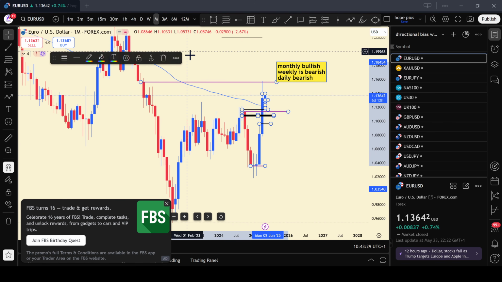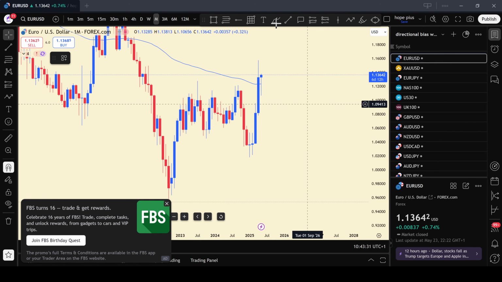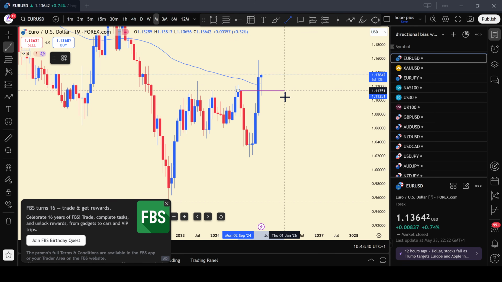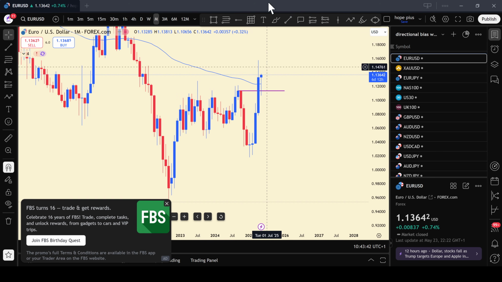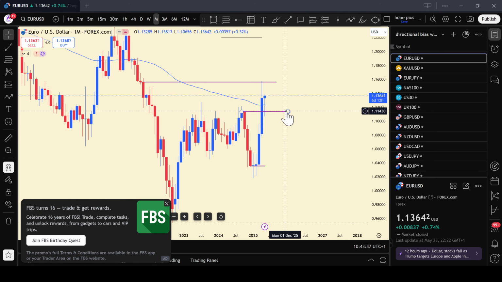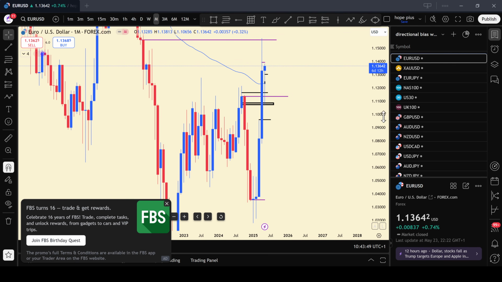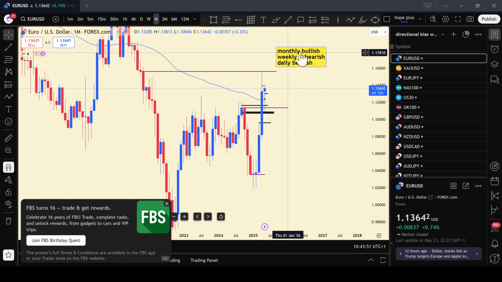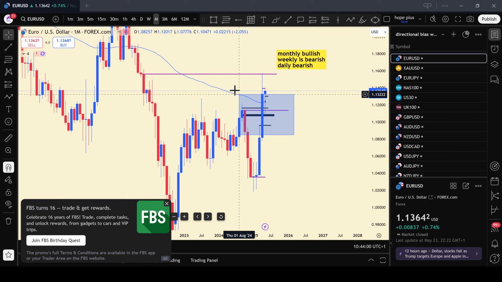All right, so let's clear all of this. As you can see, the monthly, we closed above, and I was talking about a form of retest to continue that monthly direction. Now, monthly is bullish, weekly bearish, daily bearish.